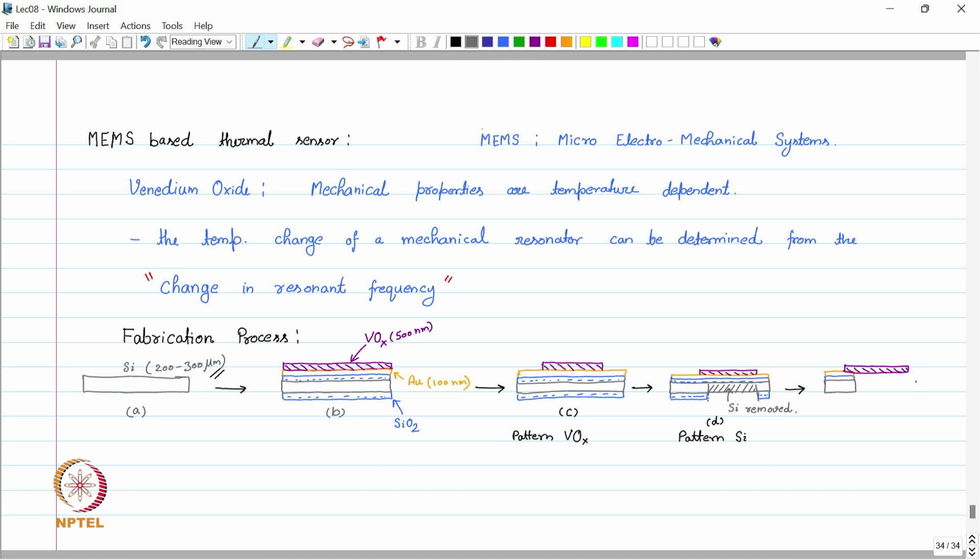And this is other side of silicon. So this is our final structure.